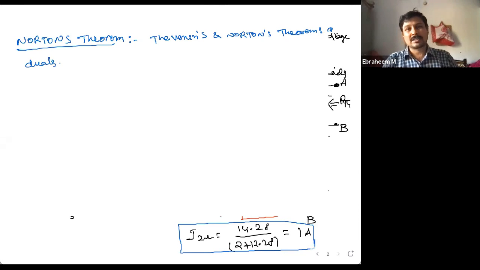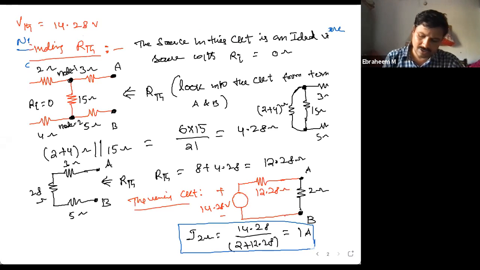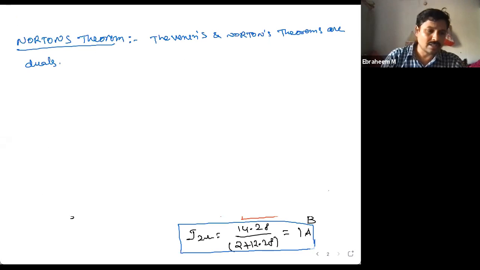These are duals. Thevenin's theorem and Norton's theorem are duals. Now the same problem which we just solved, I will solve using Norton's theorem.